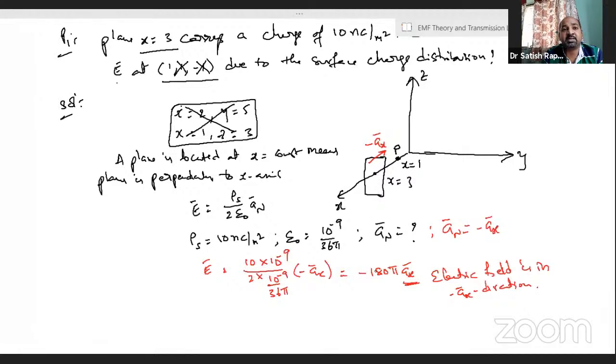The electric field is the vector sum of the field due to the point charge and the field due to the line charge, right? If the system contains one point charge, one line charge, and one surface charge, what is the total electric field? The total electric field is the vector sum of the electric field due to the point charge, the electric field due to the line charge, and the electric field due to the surface charge. So this is how we can do this, right?